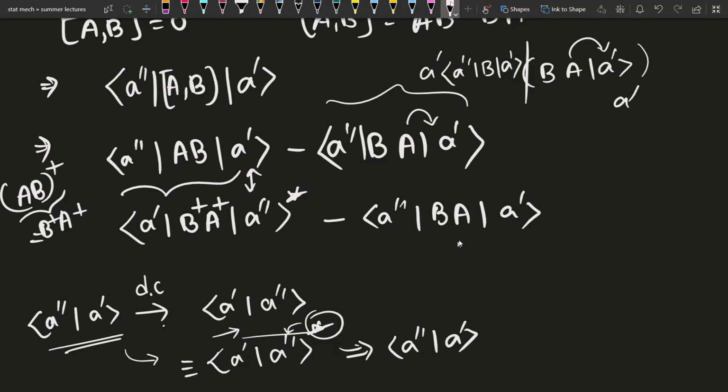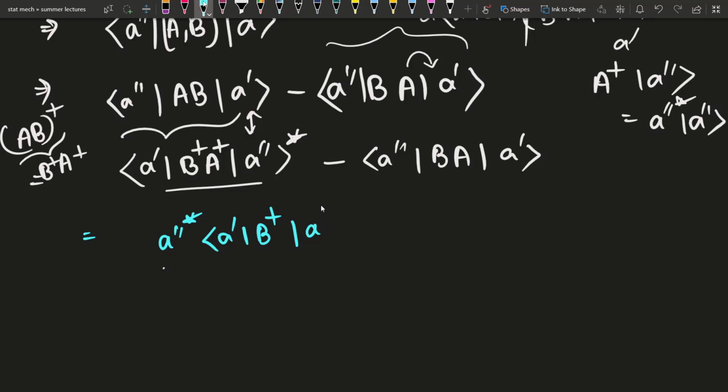So now if we apply A dagger on A double prime, then what will we get? The complex conjugate of A double dash, into this thing, and its whole complex conjugate, whole star.